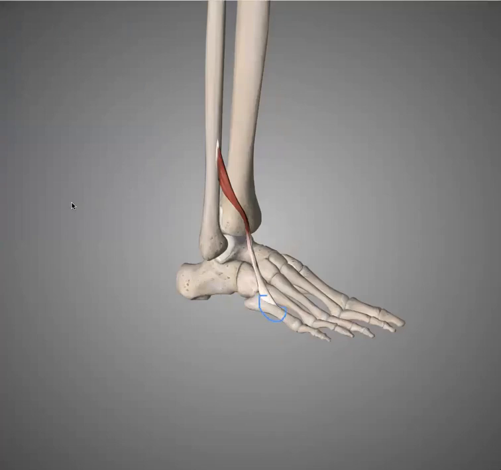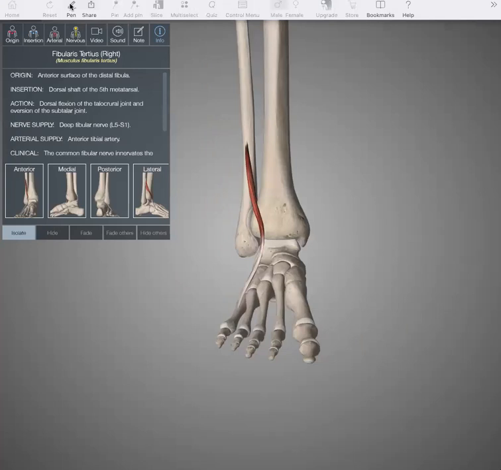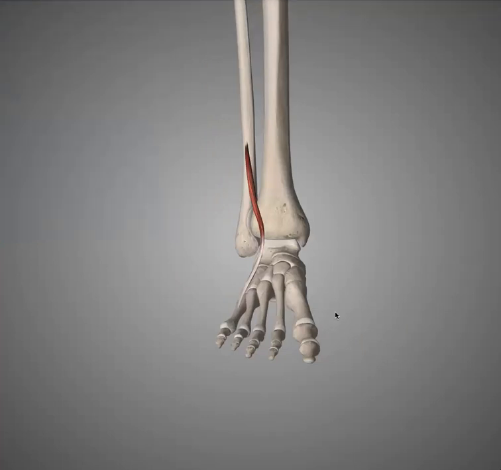What it does is cause eversion and dorsiflexion. Now, we said in the beginning that, for example, the anterior tibialis attaches here, so when it contracts, it causes inversion and dorsiflexion of the foot.